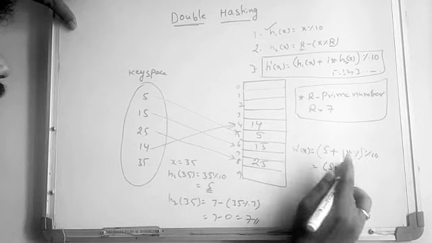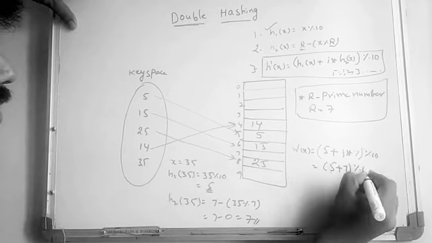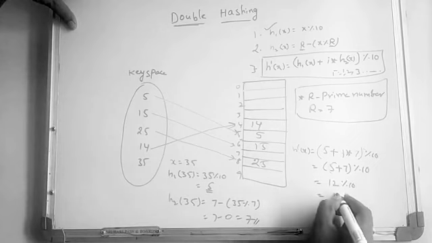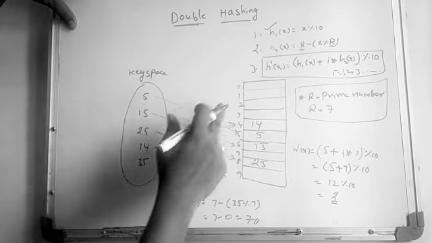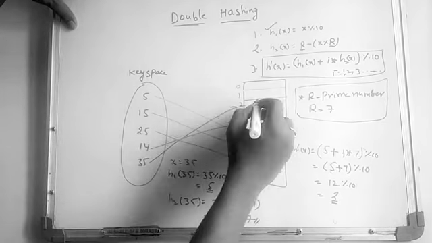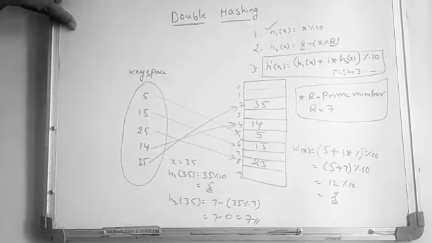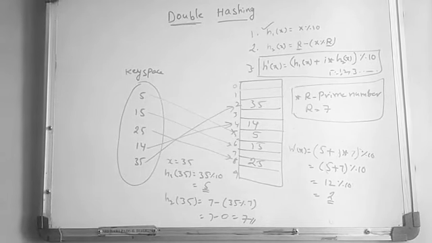So 5 plus 7 mod 10, that is 12 mod 10. The remainder is 2. Check whether 2 is empty or not. So 2 is empty, so there is no collision. Then we place the value 35 there. Okay, so this is the way of inserting elements in double hashing.